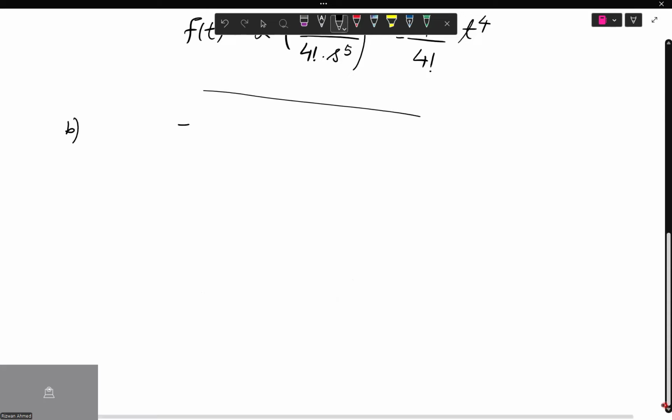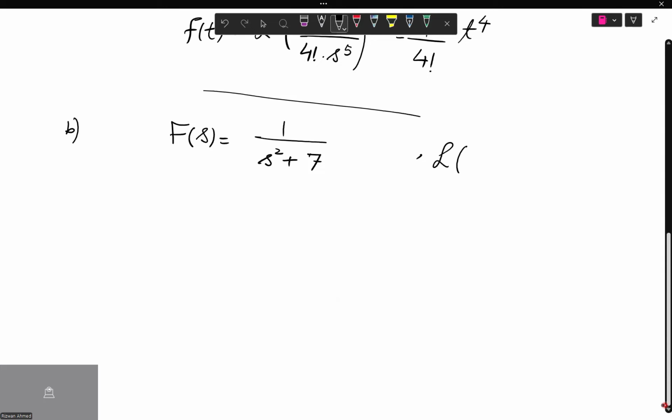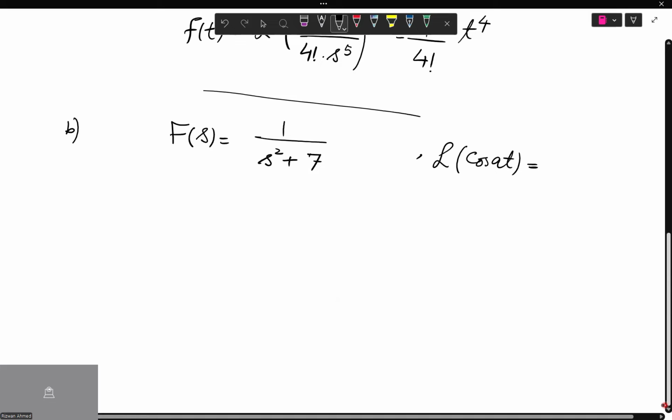For the b part, F of s is equal to 1 over s squared plus 7. This structure seems similar to the structure of Laplace of cos of at. We could recall that it was a over s squared plus a squared.